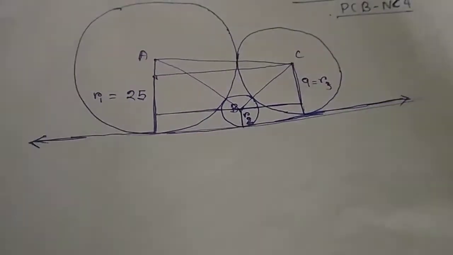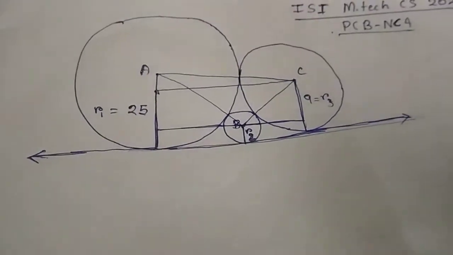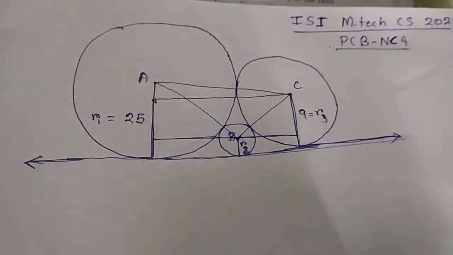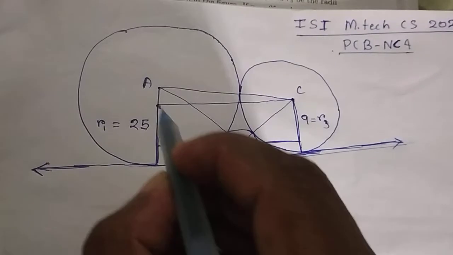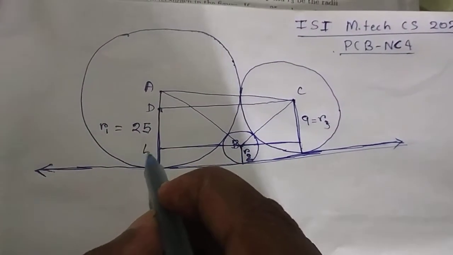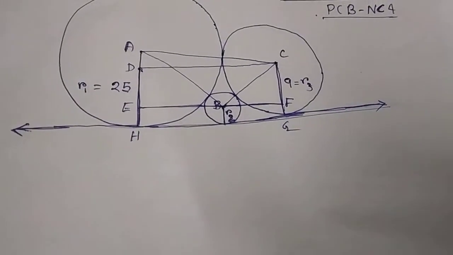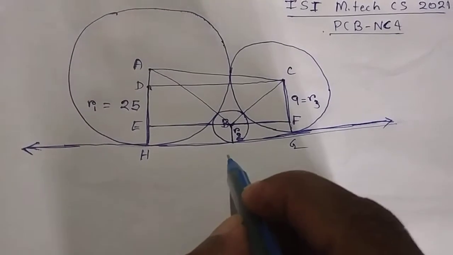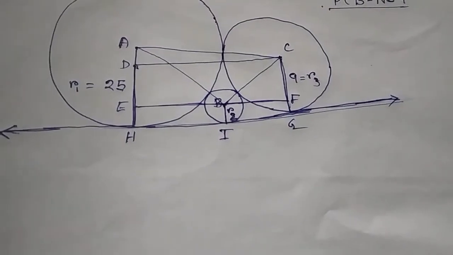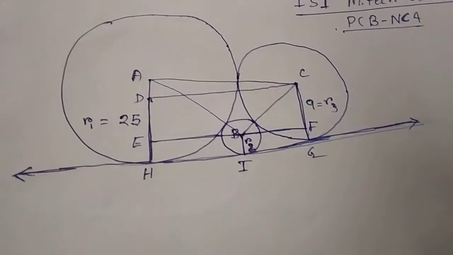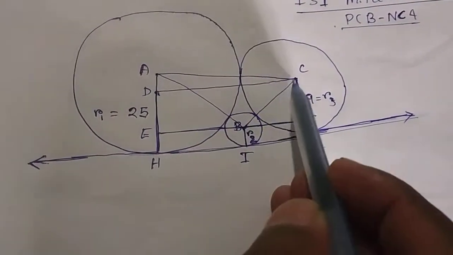Now please try to understand this very carefully, because if you miss one point, then it is not going to be solved easily. So we have to name these things. Let's name these points D, E, F, G, H, and this is I. So we have all the names of the points, and we can see that here ADC is a right angle triangle.